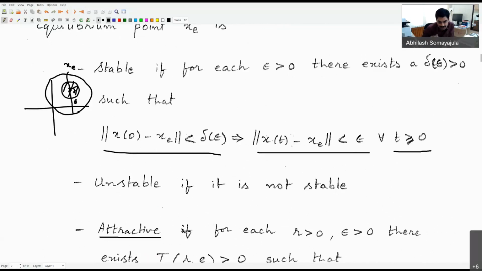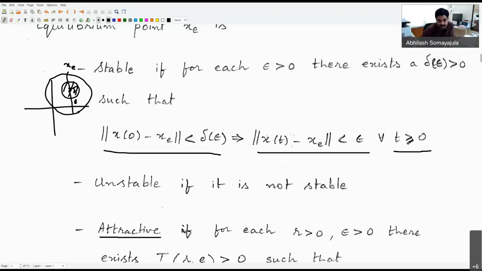But what globally stable means is I can now start making these epsilons really big. There is no necessity to hold down that epsilon must be a small number. If it holds for very, very large numbers where epsilon tends to infinity also, in that case my delta also will tend to infinity.